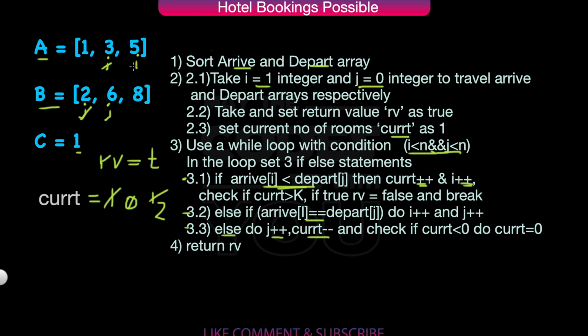It becomes 2 and i becomes 3, so it will not iterate next time, but let's check the if condition. Current is now greater than K, as K equal to 1 and current is 2. So we set rv equal to false and break, and then we simply return rv.